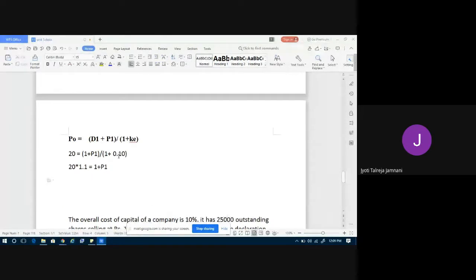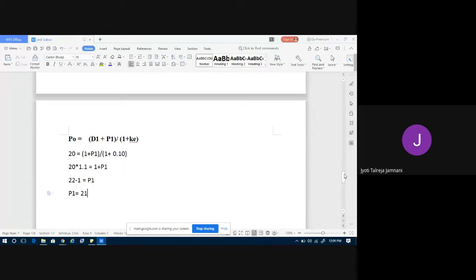So 20 into 1.1, how much do you get? 22. This 1 plus P1, if I take 1 to this side, it will become minus 1, which is equal to P1. So therefore P1 will be equal to 21. 22 minus 1 is 21.